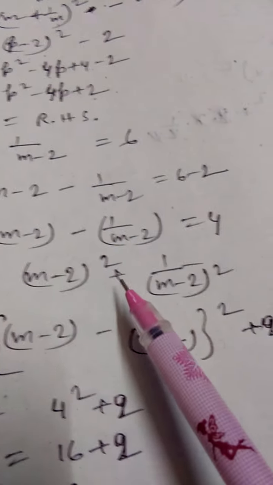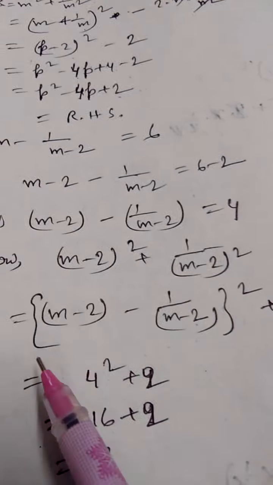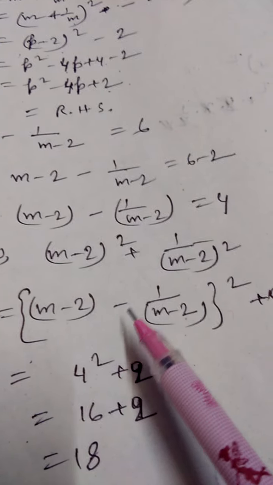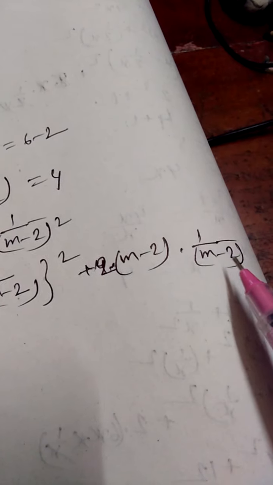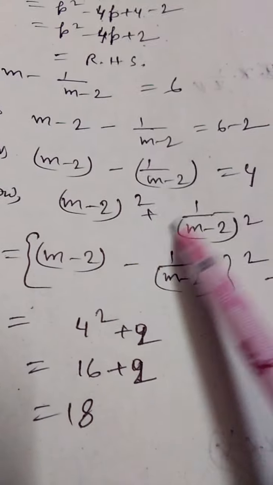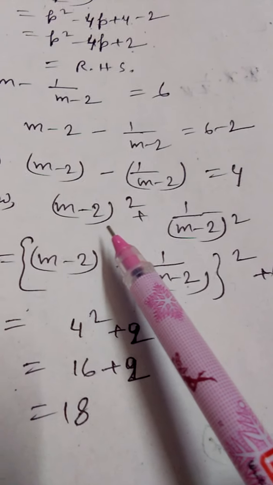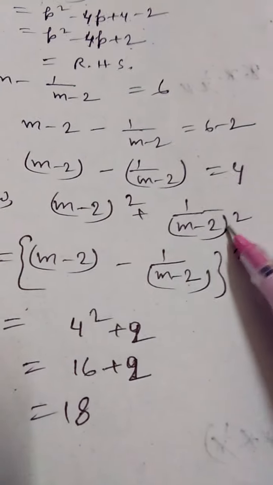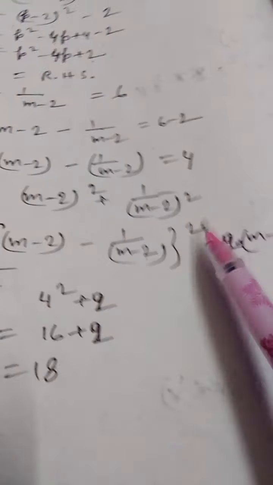Therefore, (m minus 2) whole square plus 1 by (m minus 2) whole square equal to (m minus 2 minus 1 by (m minus 2)) whole square plus 2 into (m minus 2) into 1 by (m minus 2). See that here a square plus b square, we use the formula a square plus b square equal to a minus b whole square plus 2ab.